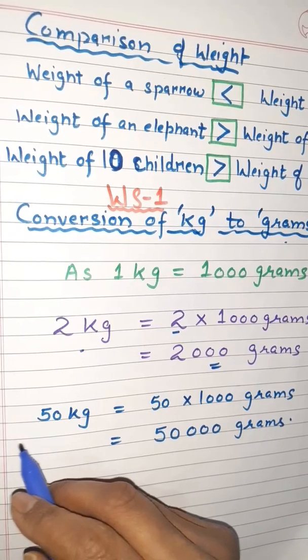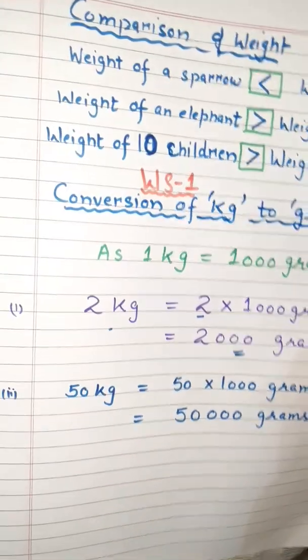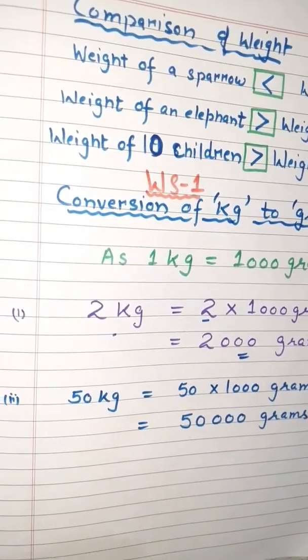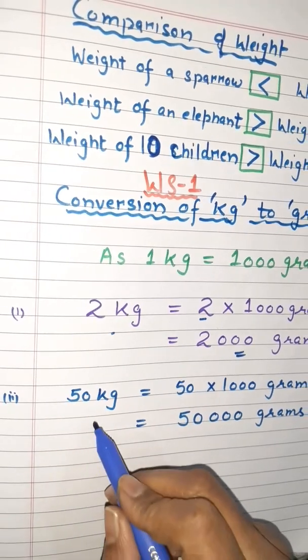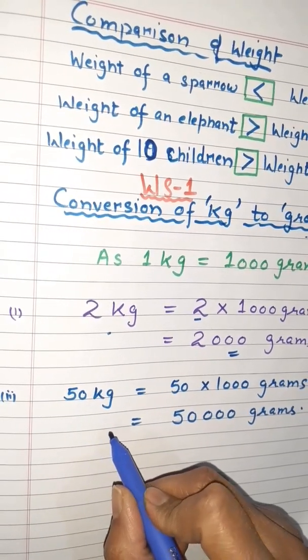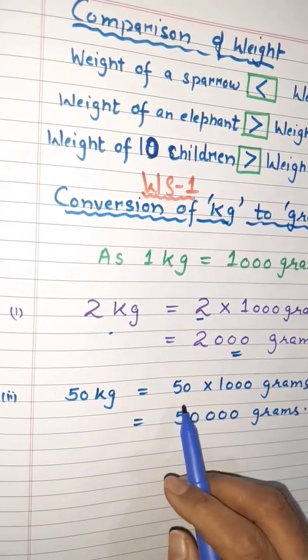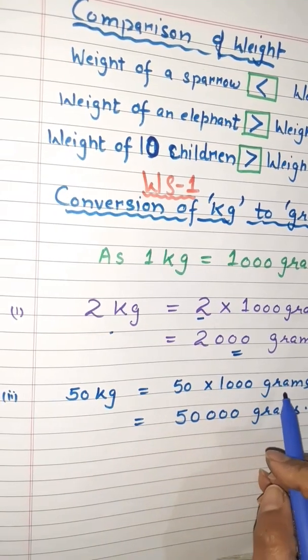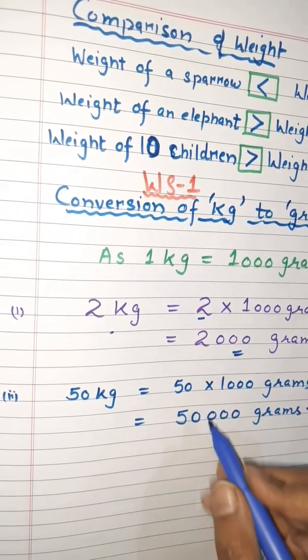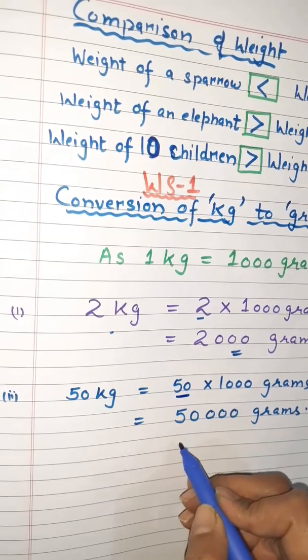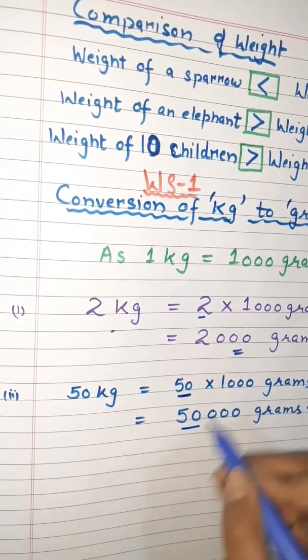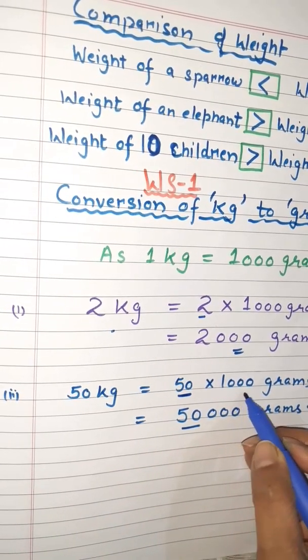Now let us take one more example. In the second example we have 50 kilograms. So 50 kilograms is converted into grams. We will multiply 50 with 1000 grams. Now here we have 50, so we will write 50, and in 1000 we have 3 zeros.